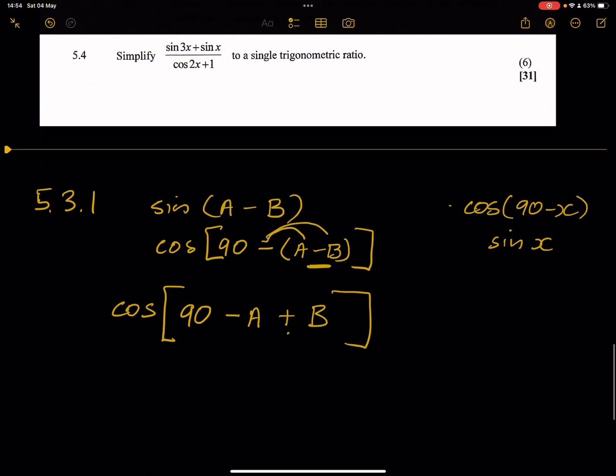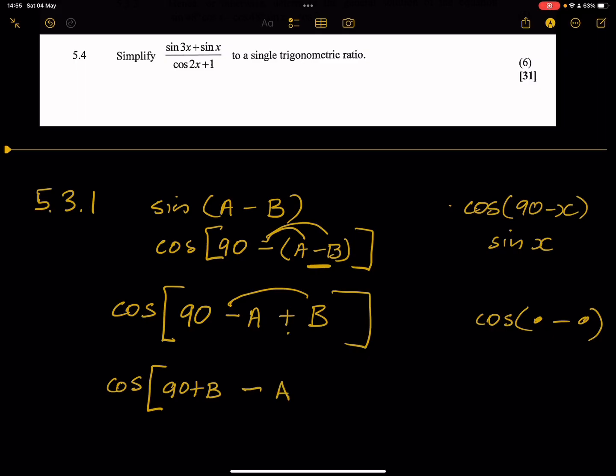Now, remember, I still need to write it as cos of something minus something else. So how do I change this? This becomes cos of, I want you to note, I'm going to say this is 90 plus b, group these ones together, so that is a minus a there.